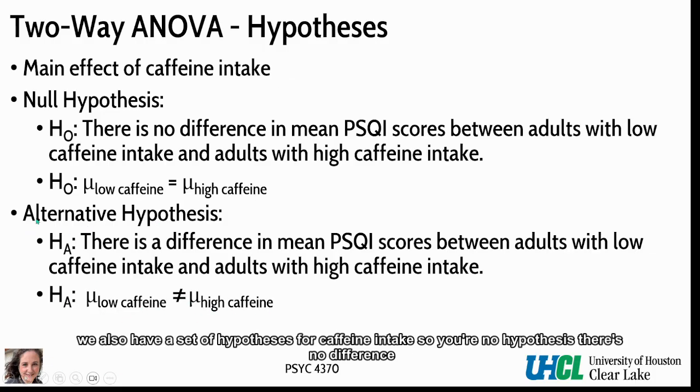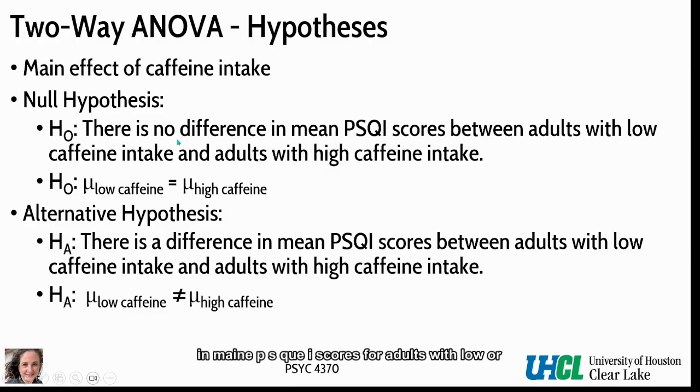We also have a set of hypotheses for caffeine intake. So your null hypothesis, there's no difference in mean PSQI scores for adults with low versus high caffeine intake. And mathematically speaking, we write that as mu of low caffeine is equal to mu of high caffeine.